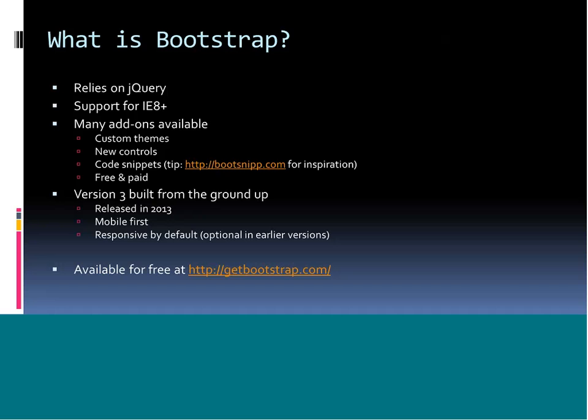The latest release of Bootstrap is version 3, actually version 3.1.1. And in version 3, they changed a lot compared to the version before that, which was 2.3. They built the entire framework from the ground up and released that about a year ago, in July 2013.